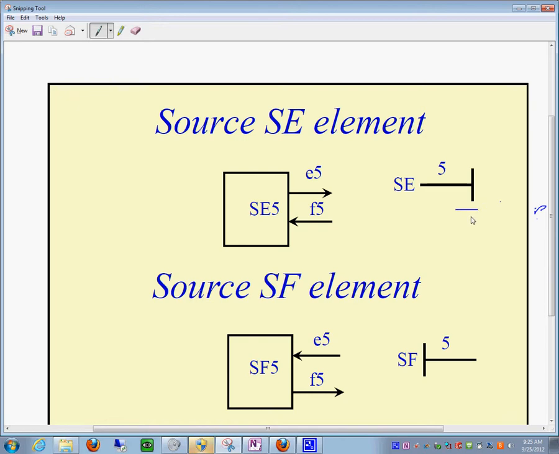See here, this is the effort on this side. This is the flow, like that. Same thing here, this is the flow. And in here, this is the effort. So it is important to make sure that we understand how that symbol works. Okay.